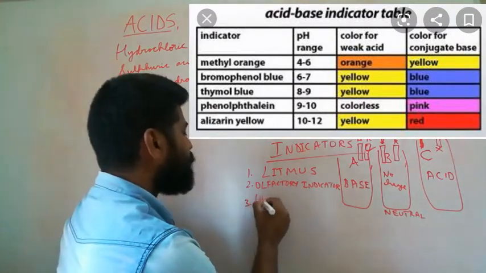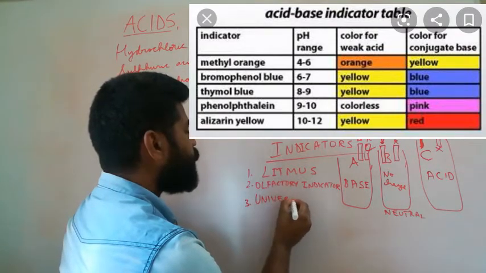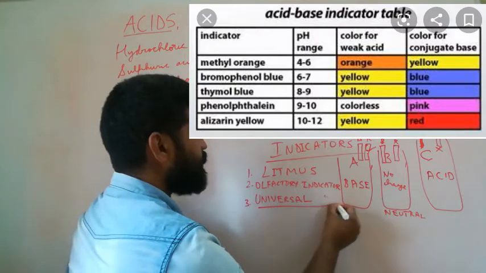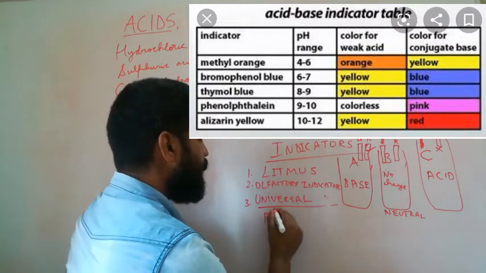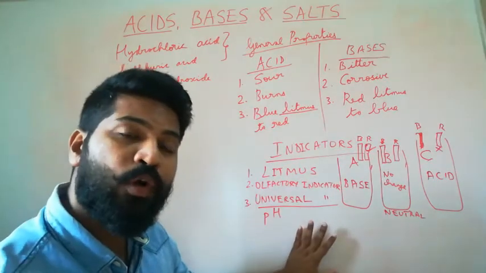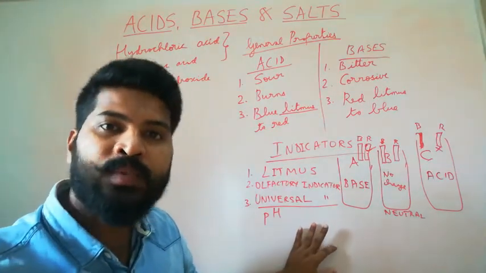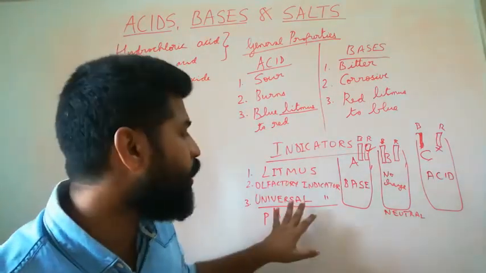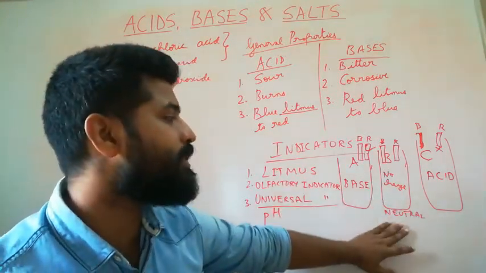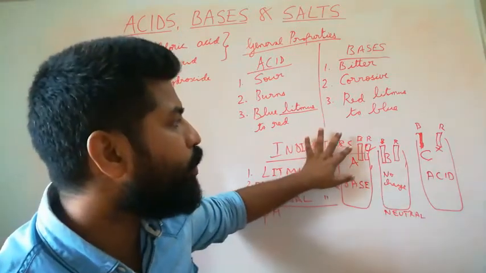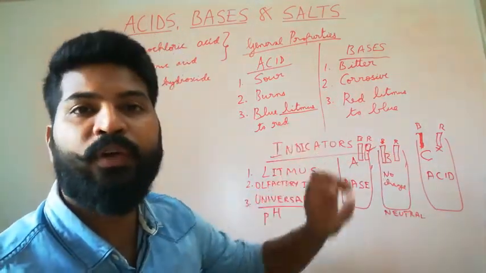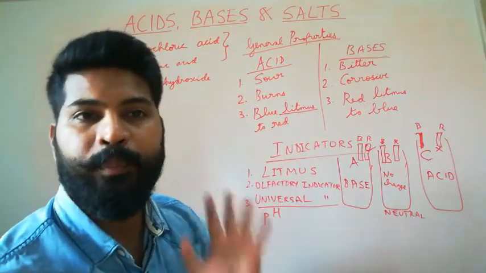Other than this, we can use universal indicators such as pH. It can be used for both acid as well as a base. That's why it's called universal. And it will also tell you whether a substance is neutral. Whereas blue litmus and red litmus are meant specifically for acids and bases.